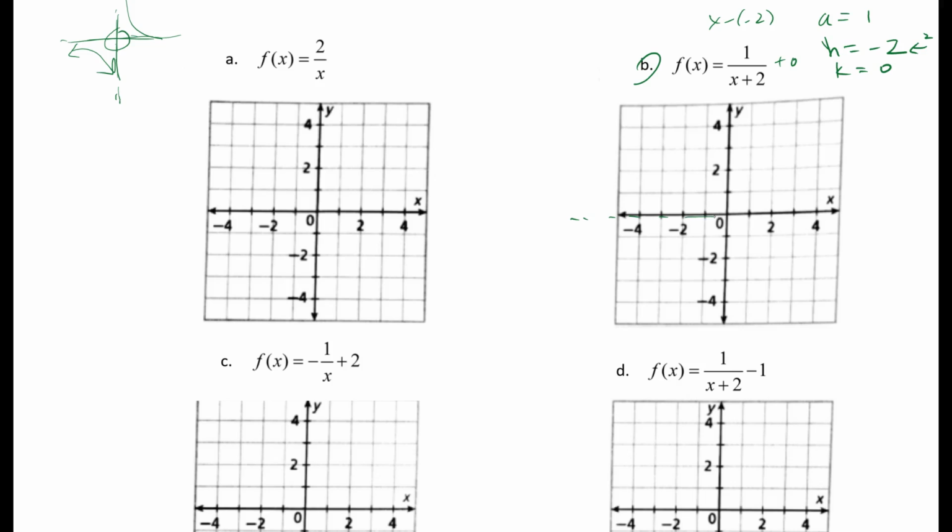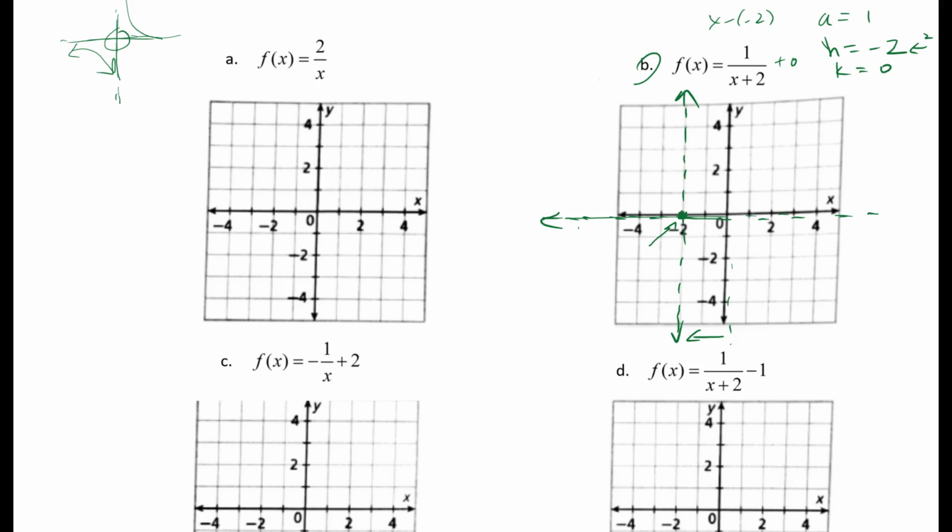Well, the parent function had asymptotes here, so let's find where they're going to be under a shifted condition. We have to move to the left 2. So this vertical asymptote is going to move to the left. This other one is not going to move. So this is now going to be kind of the center of our graph. -2, 0, right there.